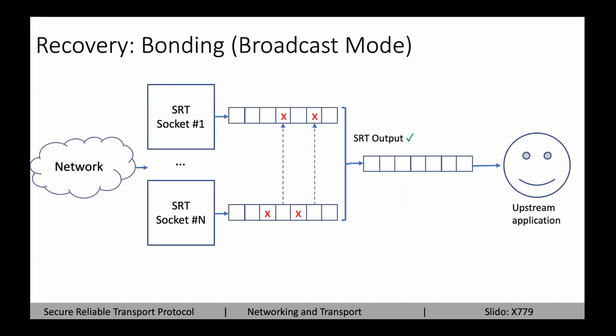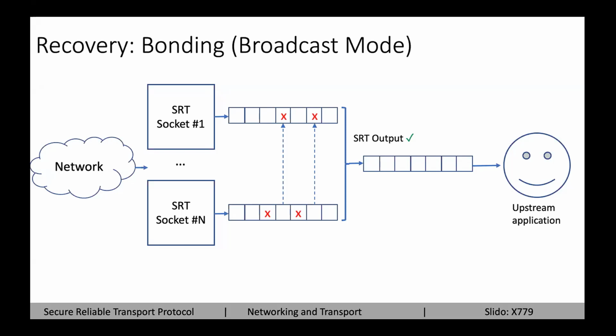Another recovery option is bonding, and one of the modes of bonding is broadcast mode. In broadcast mode, and in bonding in general, you have several SRT connections that you bond together to get one bonded link. In case of broadcast, each bonded link is used to transmit a copy of every packet. So it's like full redundancy of the link.